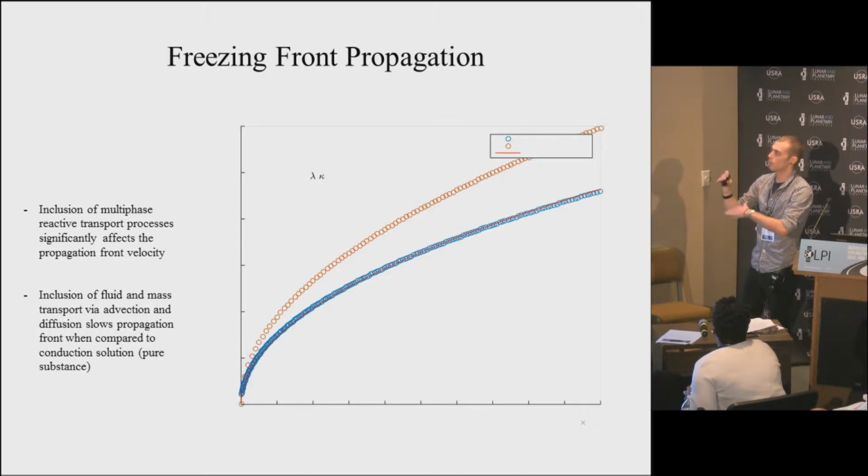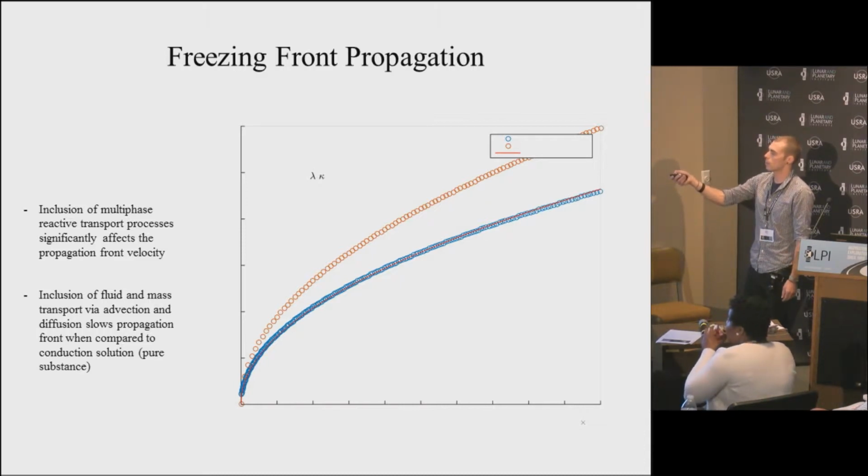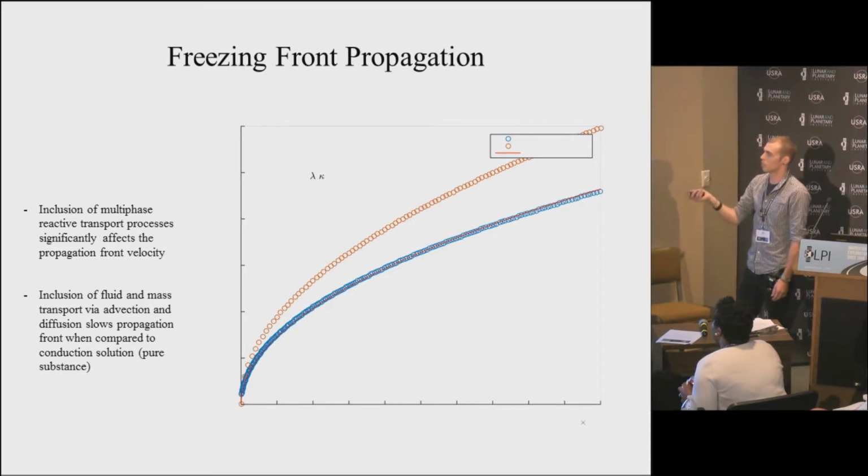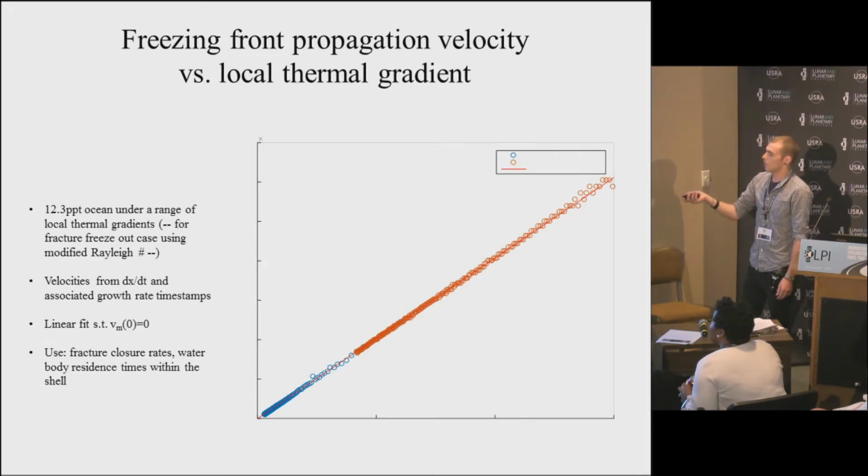This is supposed to be the freezing front propagation versus time. The red dots are the conductive solution, just using a pure phase solidification as an analytical solution, and this is the model. When you use these two-phase models, it's going to produce different results for your estimates of residence times for these water bodies.